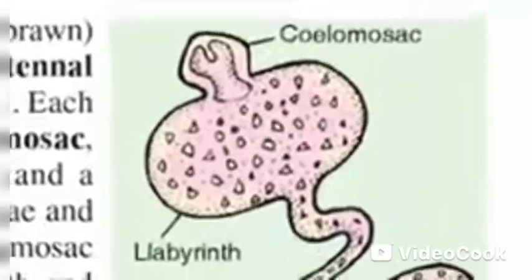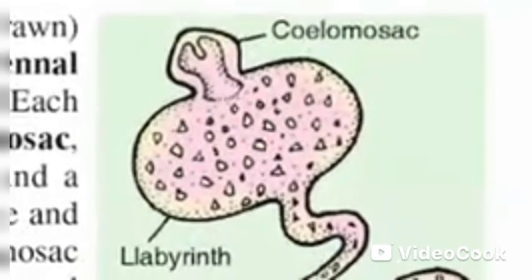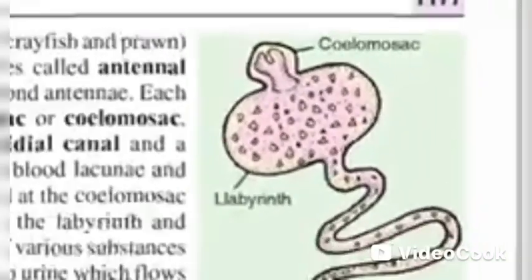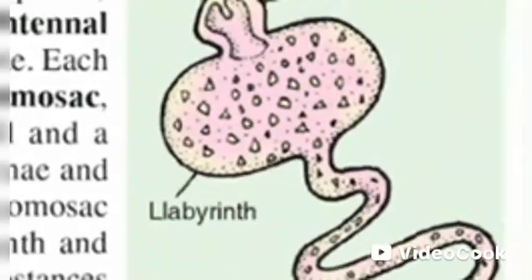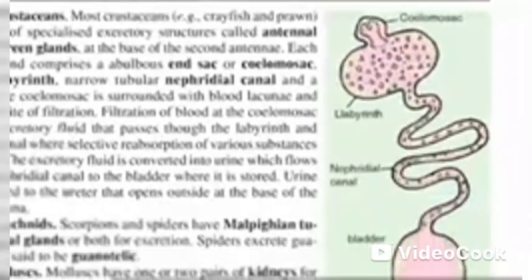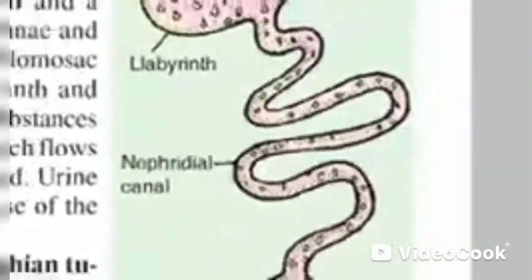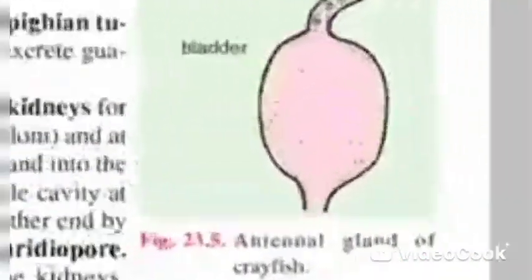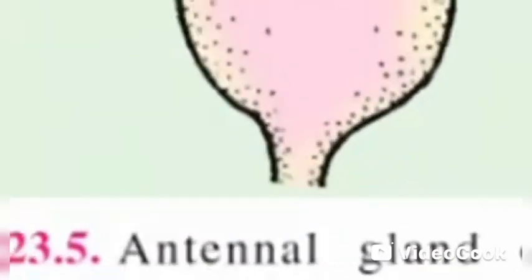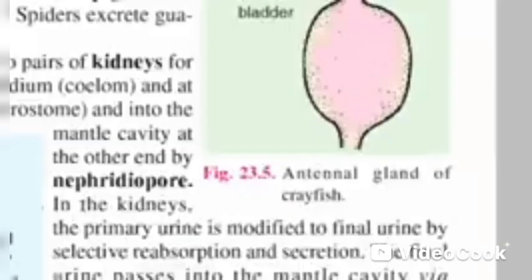So the first part is the xylem sac, also known as end sac. Now the second portion, labyrinth, followed by the nephridial canal. The nephridial canal opens into the bladder. Then this part, ureter, and the ureter opens outside.